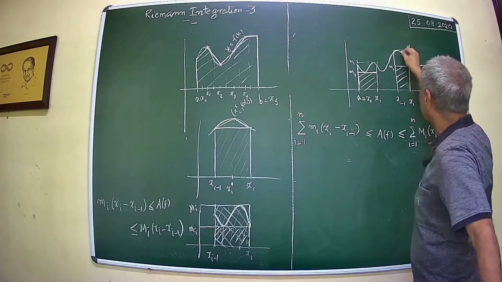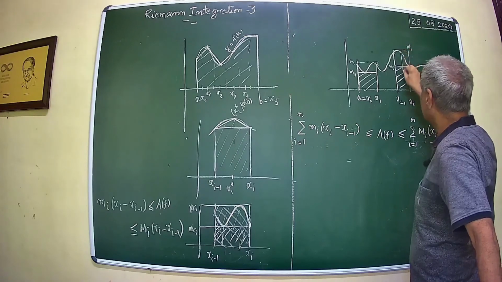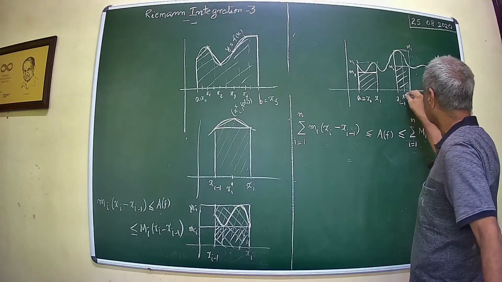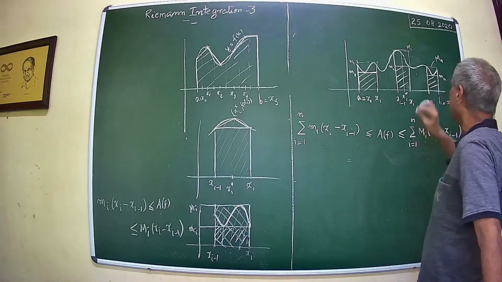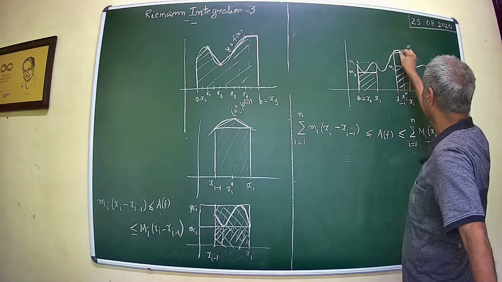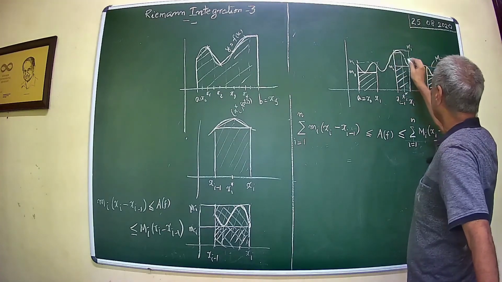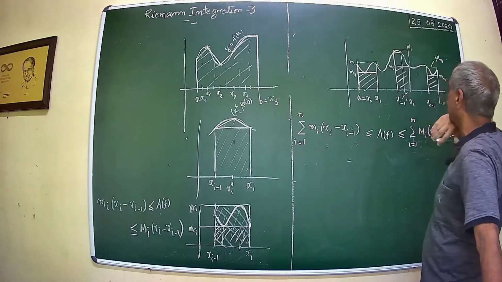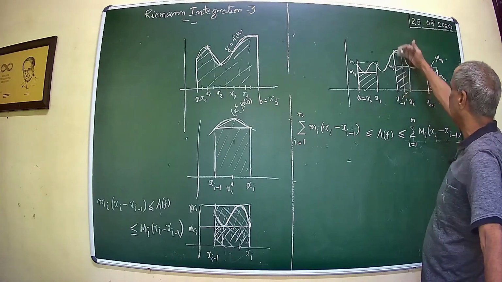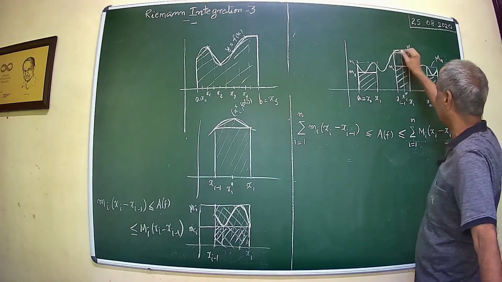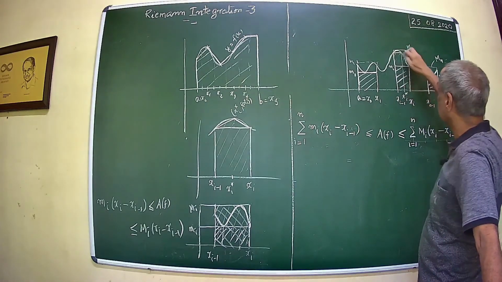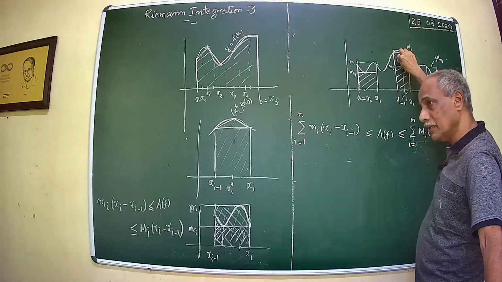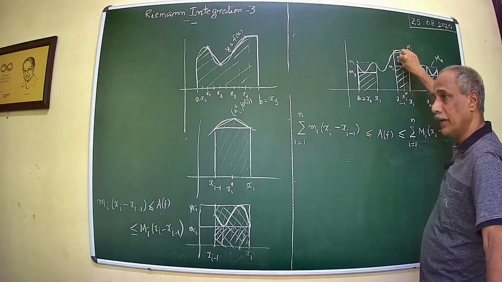Suppose I introduce a point xi star in between here and then go for the lower approximation. Then you see that I get a far better approximation from below to the actual area enclosed that I am interested in, because this much of new area has been brought into my account.